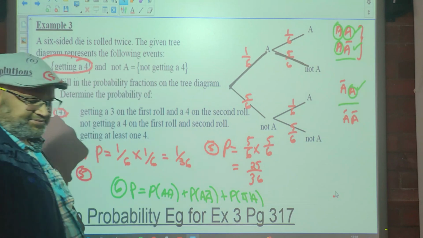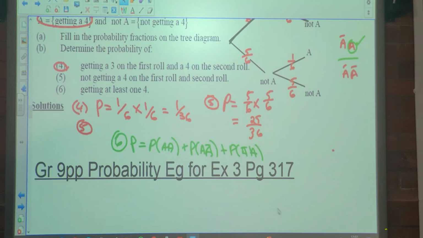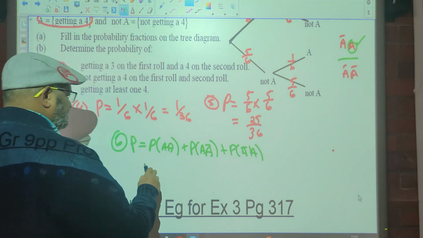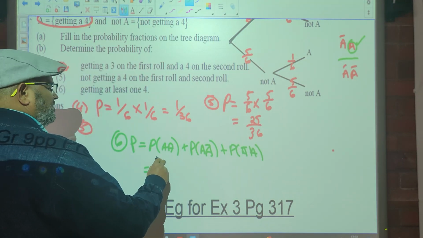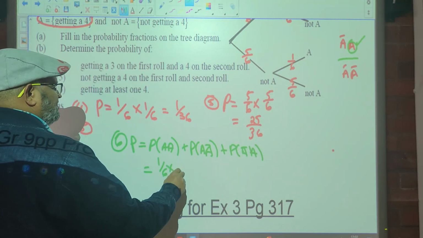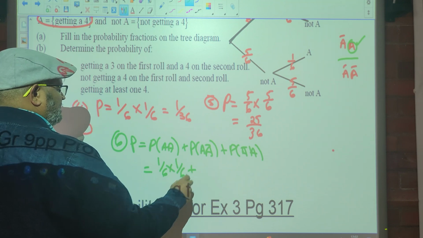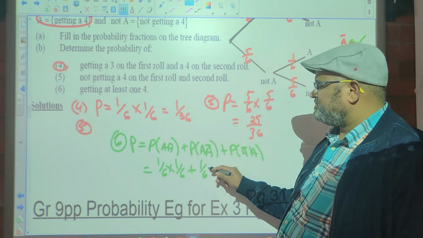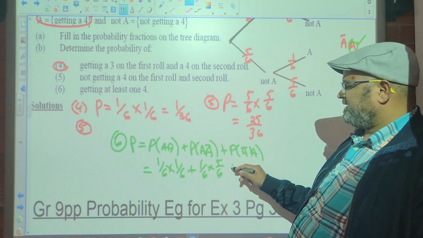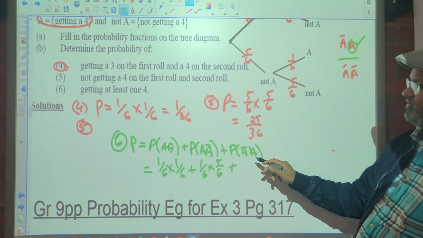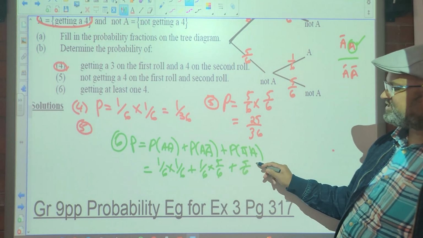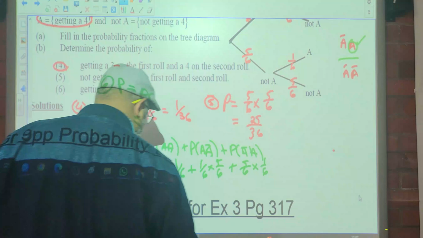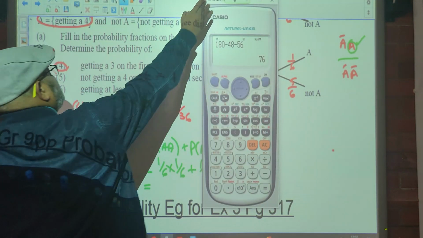So, let's go. What's the probability of getting a 4? 1 out of 6, and another 4, 1 out of 6. Probability of a 4 and another 4, 1 out of 6 times 1 out of 6, plus 1 out of 6 times 5 out of 6, plus probability of not a 4, 5 over 6 times 1 over 6. There we go.